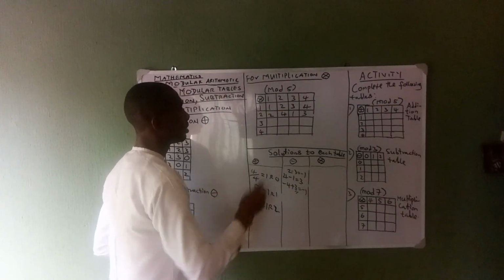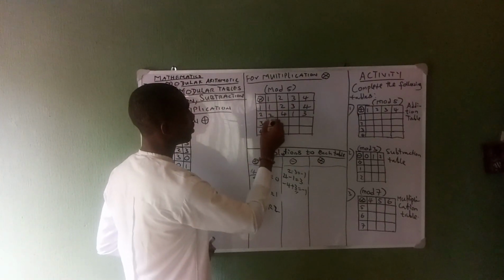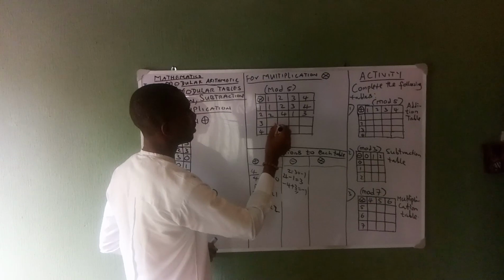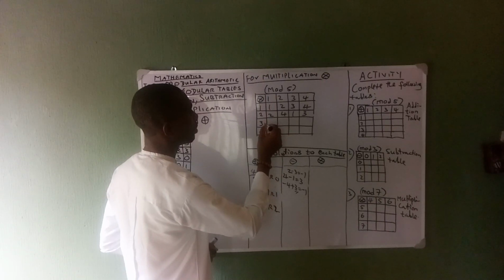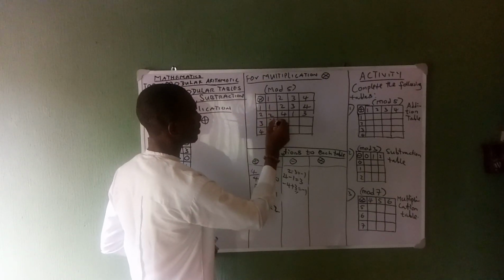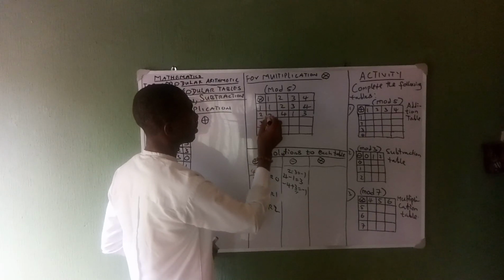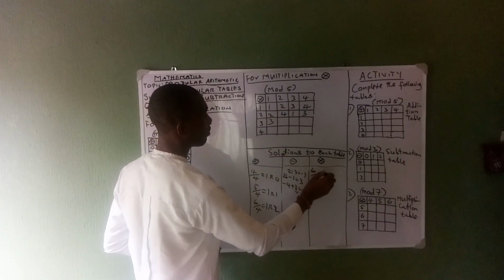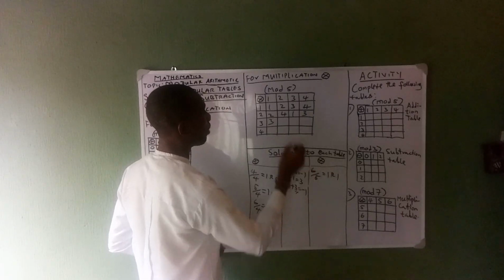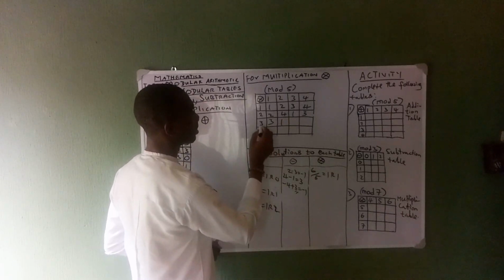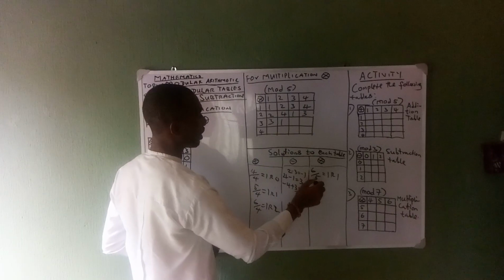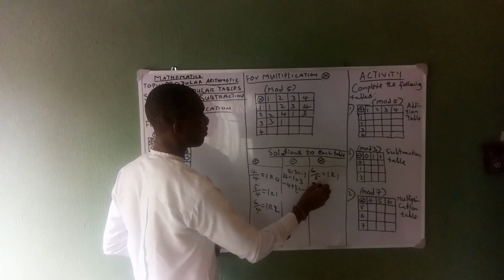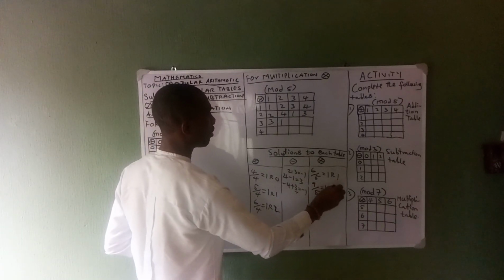We'll say here 3 times 1. 3 times 1 is 3. 3 times 2 is 6. We say 6 divided by 5, which gives us 1 remainder 1. We have 1 here. We say 3 times 3 is 9. 9 divided by 5 will give us 1 remainder 4.